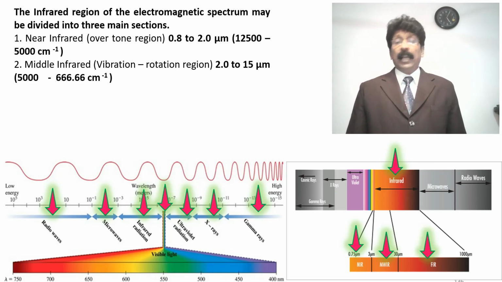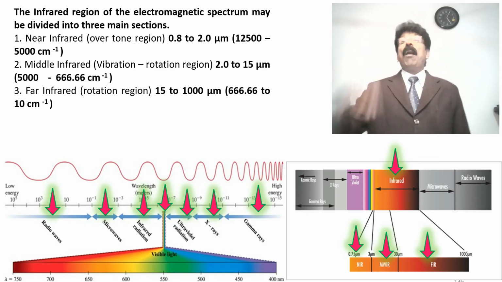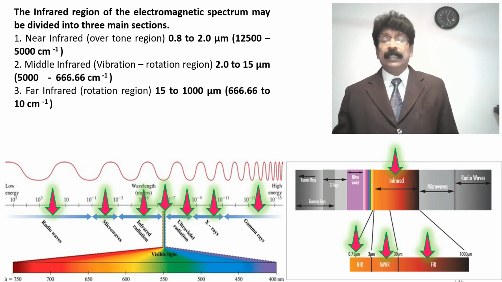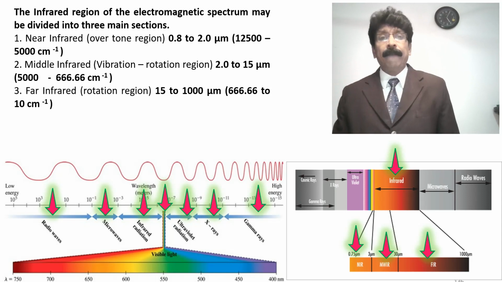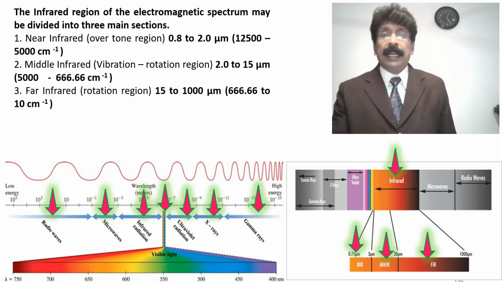And number 3, the far infrared region or rotational region. So vibration and rotation are the main concept when a light or infrared rays fall on an organic molecule.